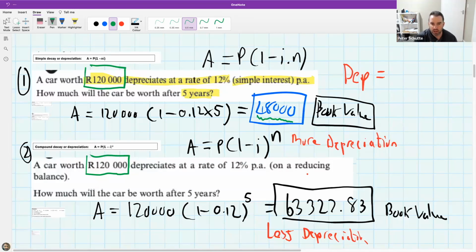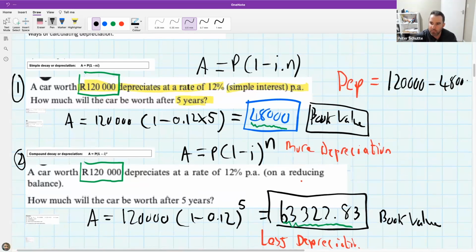If I use reducing balance or compound depreciation, the book value ends up being 63,327. Now, the book value is how much it's worth, but if you want to know how much value has been lost, we call that depreciation. And so what I was wanting students to do here is to say, well, it used to be worth 120,000 and it's now worth 48,000. So how much has been lost?